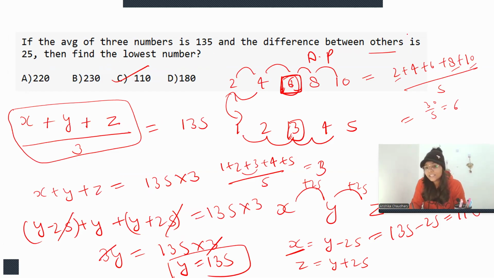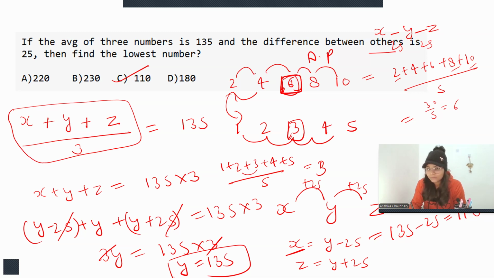that means the difference is same in all, right? We have X, we have Y, we have Z, and the difference is 25, 25, right? The difference is 25 here, 25 here. So we know that for an AP, the average is the middle value for an odd number of series, right? So their total numbers are 3.